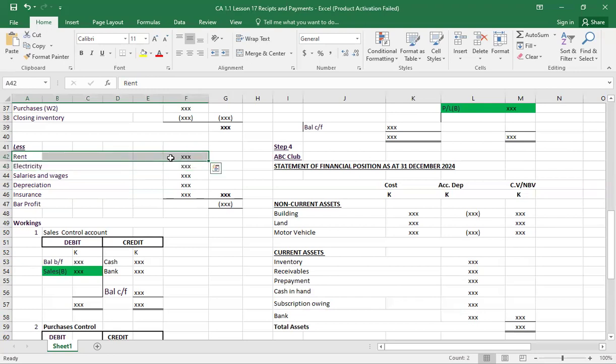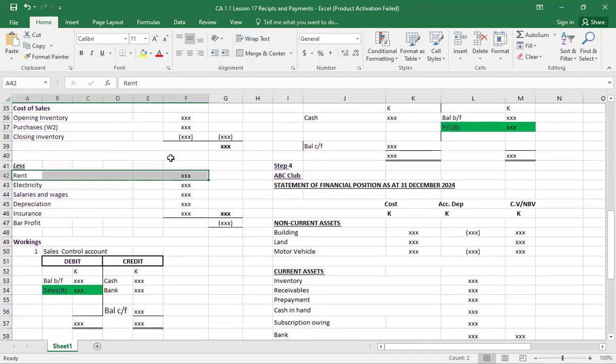So you have to remember the accruals. Also, there might be rent that was owing. There's the opening balance for the rent, then the closing balance for the rent, and then you need to find the actual rent amount. So those are just the few things that you need to have knowledge of.